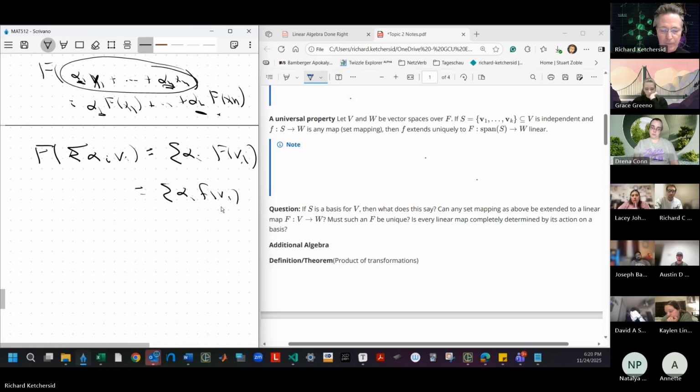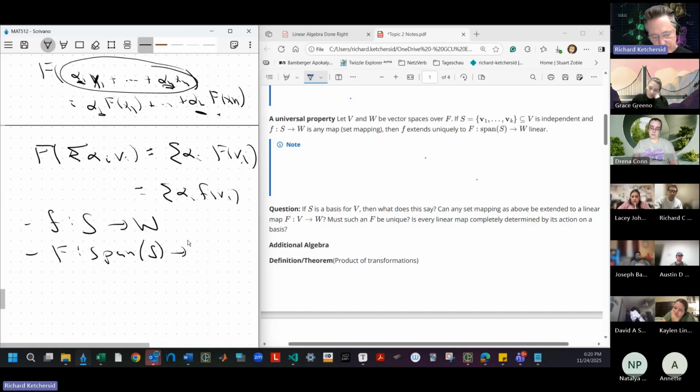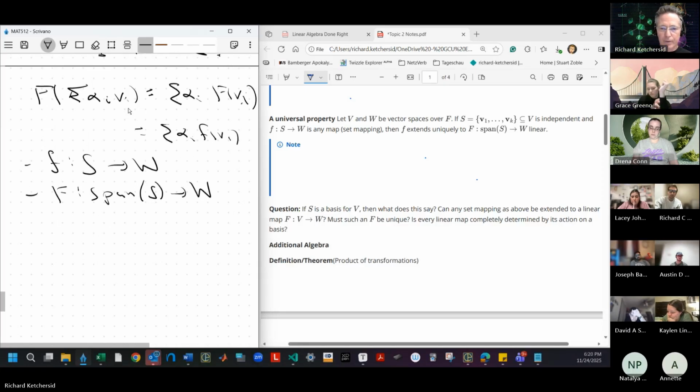And that's got to work. So now the question is, does that work? What I actually have is f going from S to W, and I'm defining this f going from the span of S to W this way. That's how I'm defining it. So is that linear? That's the thing we have to prove.